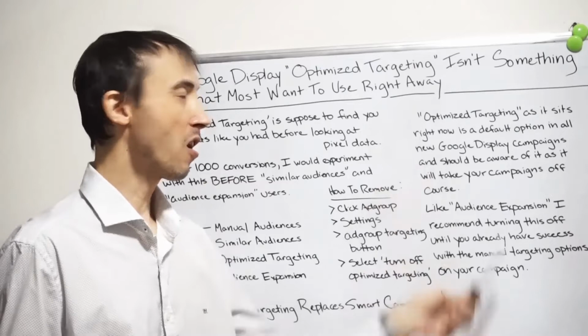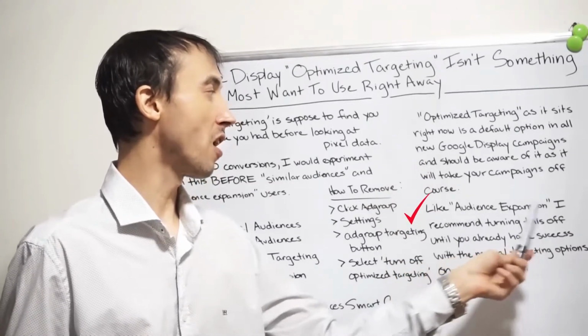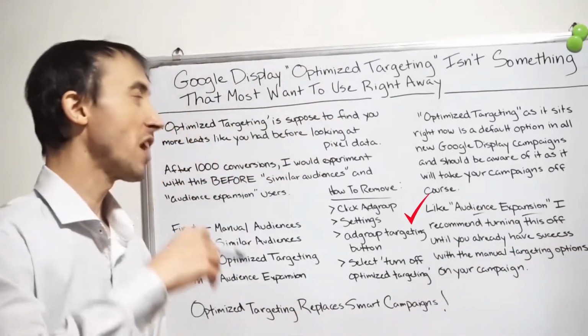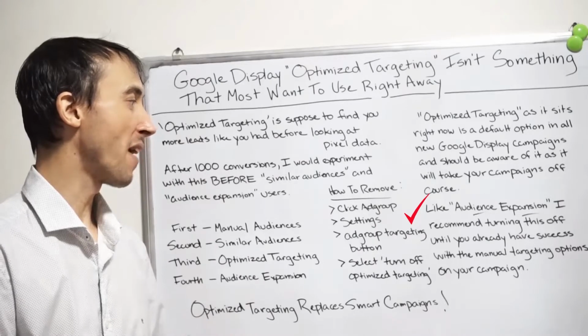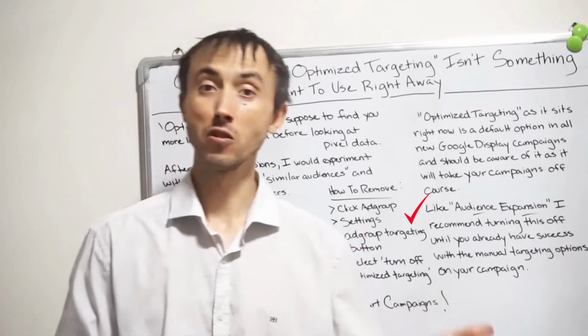So optimized targeting is similar to the thing called audience expansion, which I also recommend turning off until you've had success with the manual targeting options in your display campaigns.